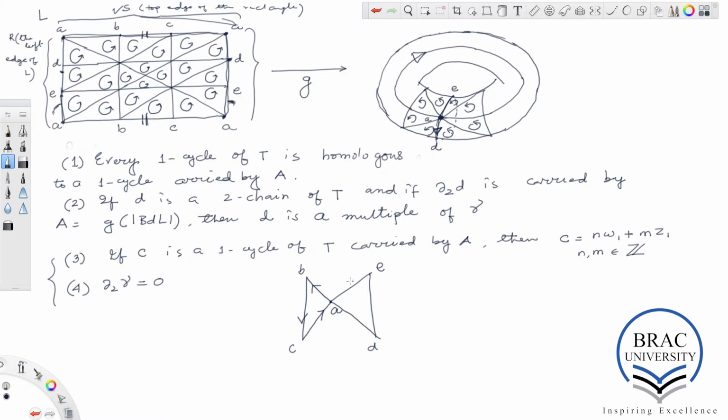Okay, and starting from A we go to E, and then coming back to A via DA. So this figure tells us that A is equal to the image of the underlying space of the boundary of L under the gluing map G.